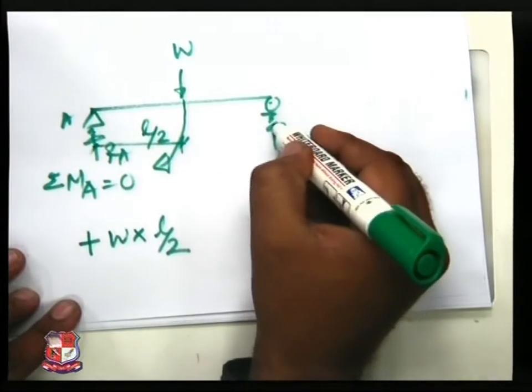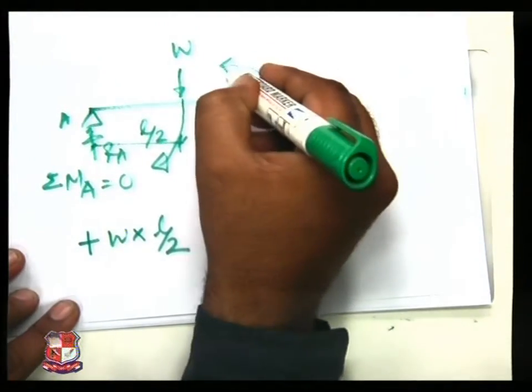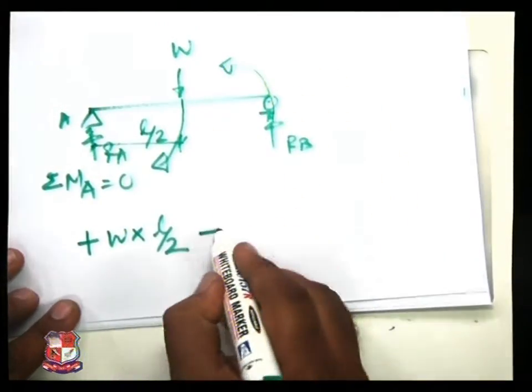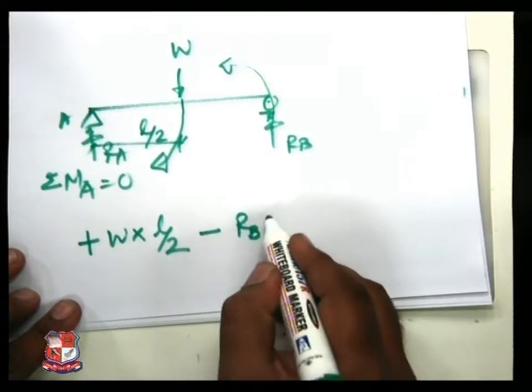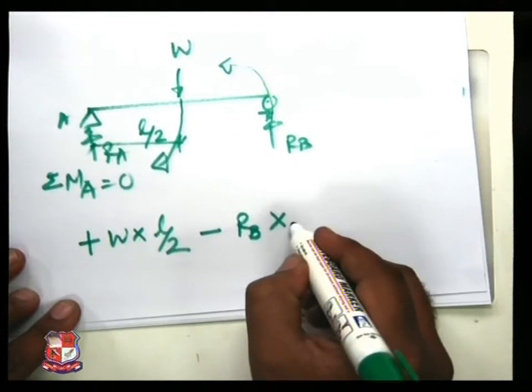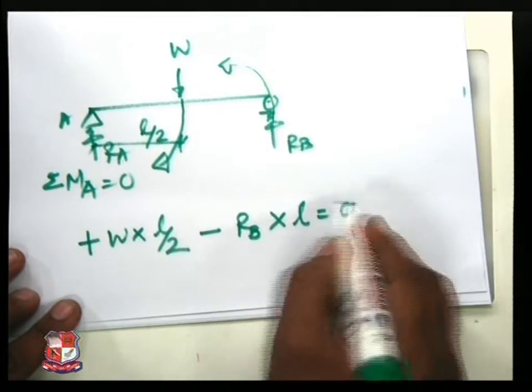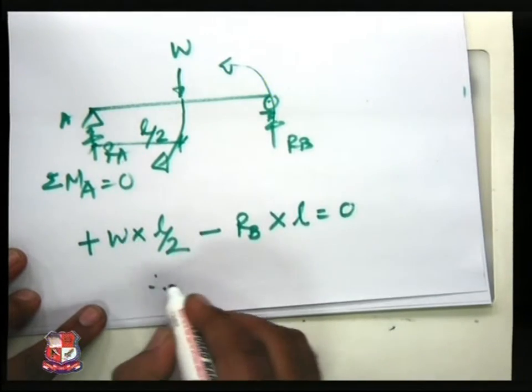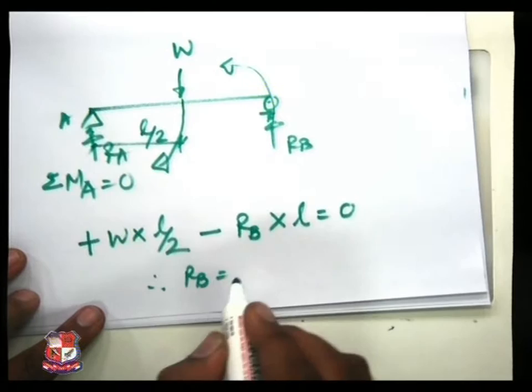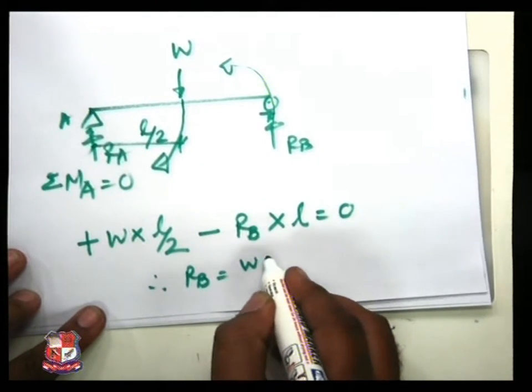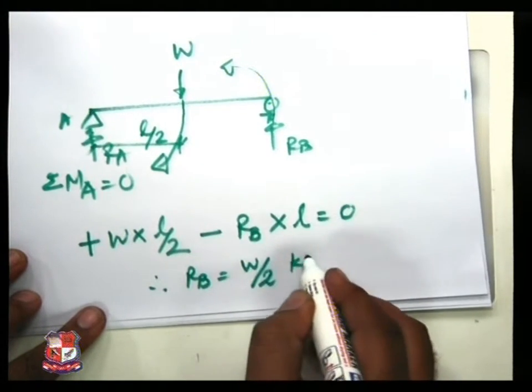RB creates an anti-clockwise moment, so minus sign, RB into the perpendicular distance, that is L, is equal to 0. And therefore, if you solve this, we find RA is equal to W by 2 kilonewton.